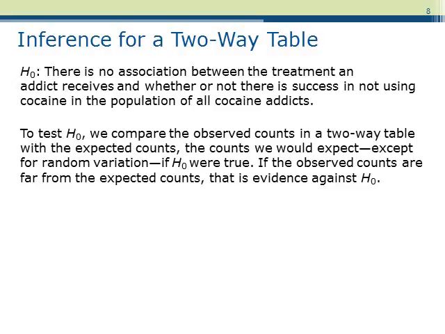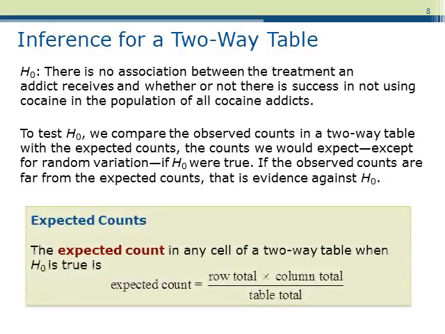After comparing the counts with the observed values, we will argue that if the expected and observed counts are different enough, then this is evidence against the null hypothesis and thus in favor of the alternative. Computing expected cell counts is easy. We simply multiply the row and column total, then divide by the table total for each individual cell.